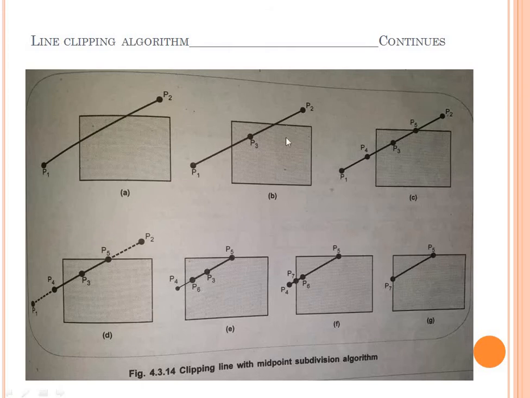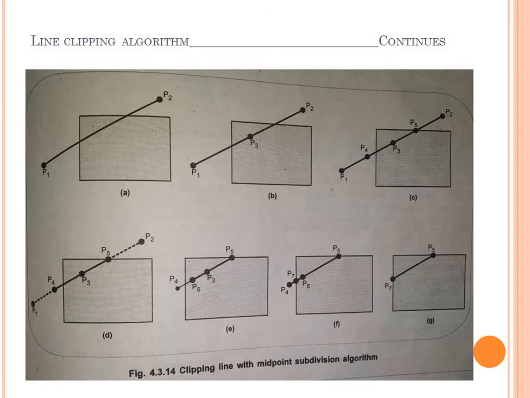Again we apply the midpoint calculating formula to each and every half. So we apply the visibility test to P1 P3 and also P3 P2. We apply this visibility test to both the subdivided lines.